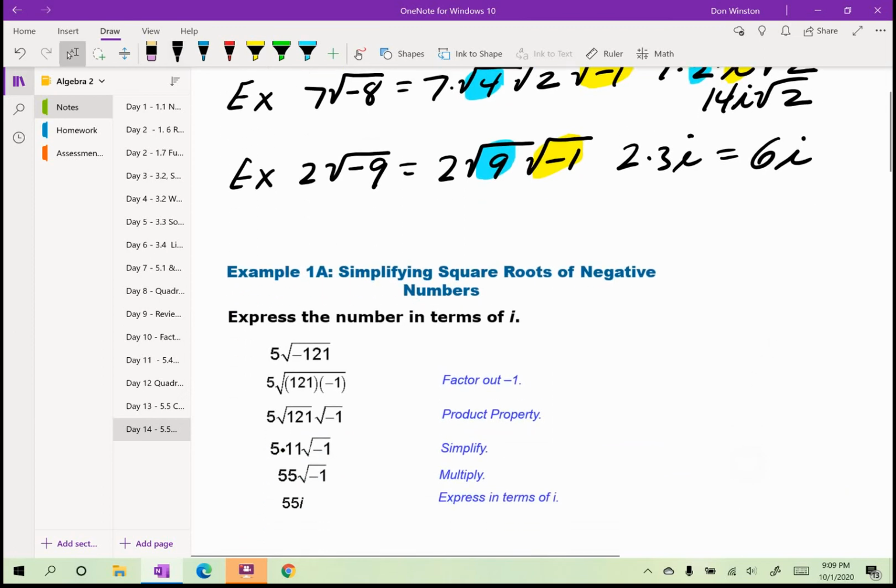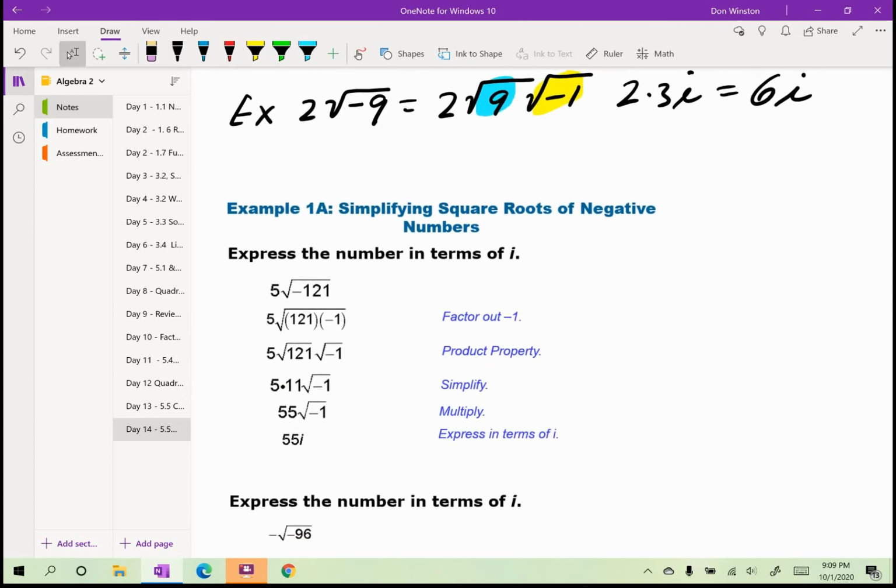And again, let's just look at some more examples here. So here they give us: express the number in terms of i. So 5 times the square root of -121. So we break that up into 5 times the square root of 121 times the square root of -1. I like to write it like that, but they wrote it underneath the radical.